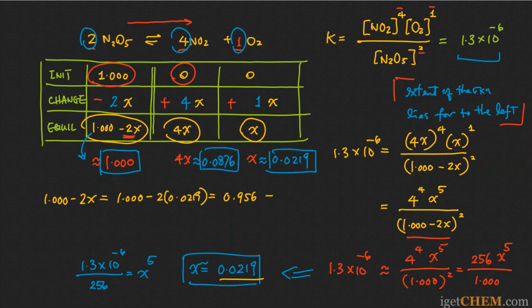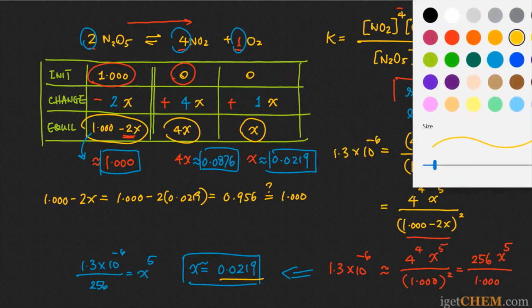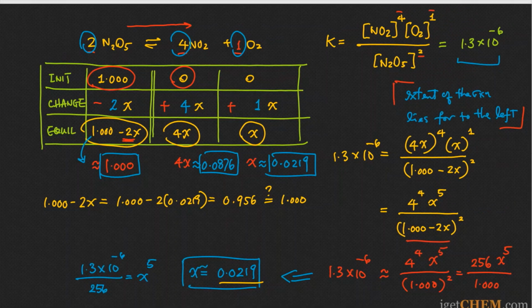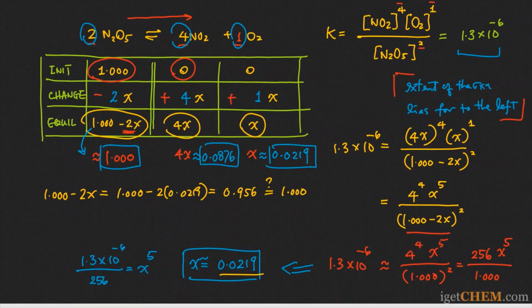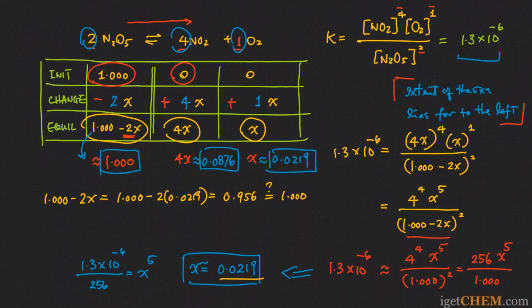So the question is, is this really approximately equal to 1? And to evaluate how good that approximation is, we often use what is called the 5% rule. The 5% rule is basically asking, are the two answers, that is the approximation versus the actual answer, within 5% of each other?